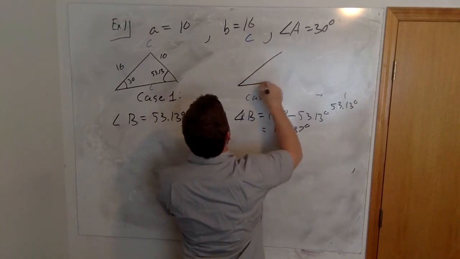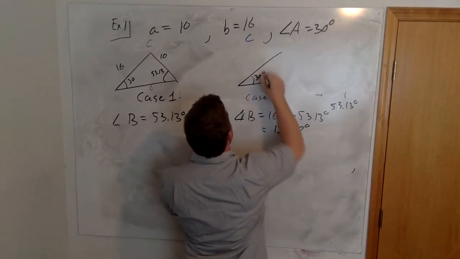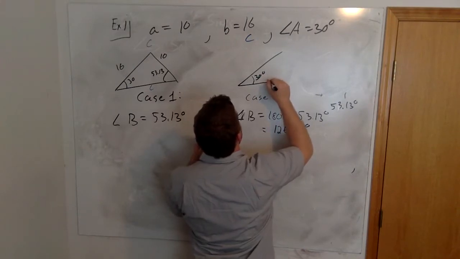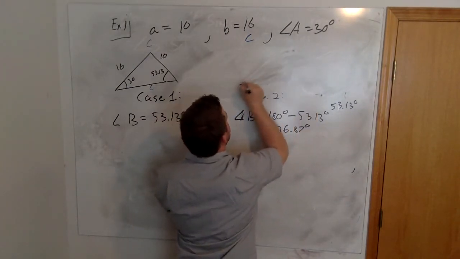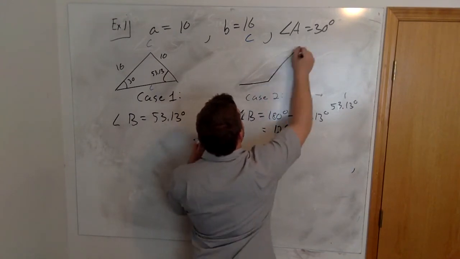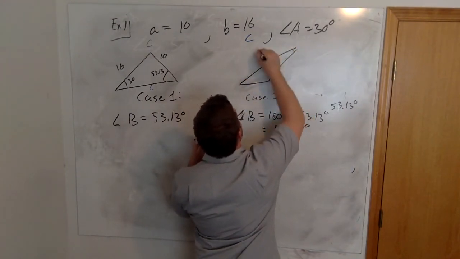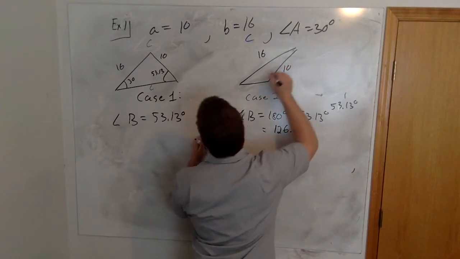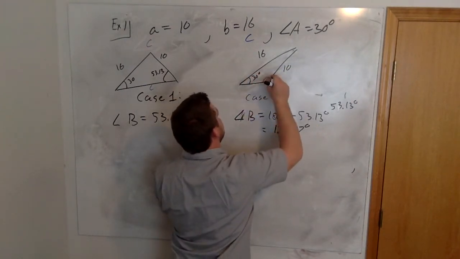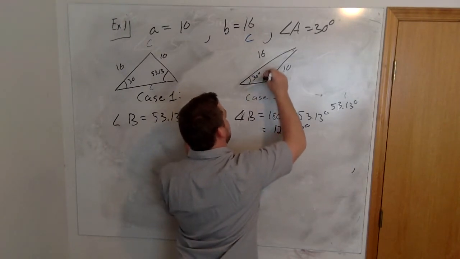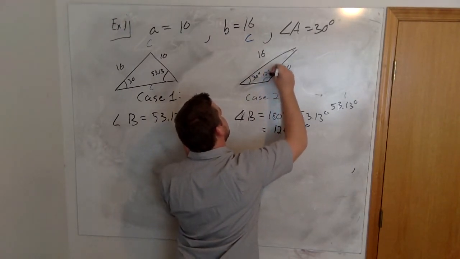We would still have 30 degrees, but now, let's see if I can draw it a little bit better. So this could be 16, this could be 10, this would still be 30 degrees, but now this angle here would be 126.87 degrees.